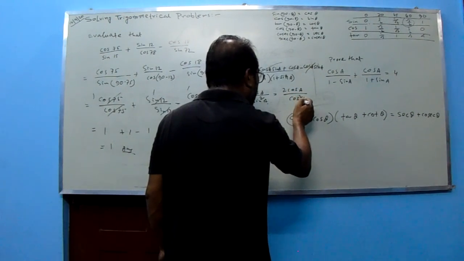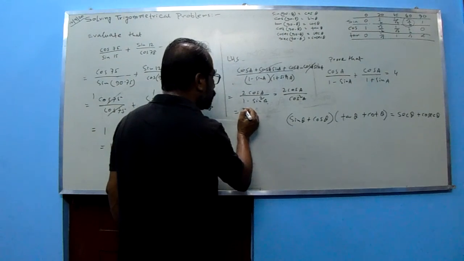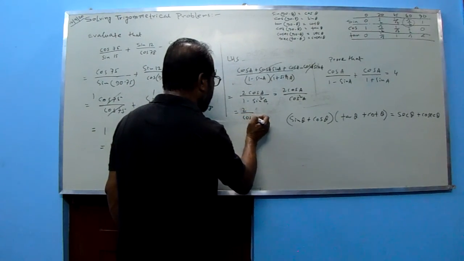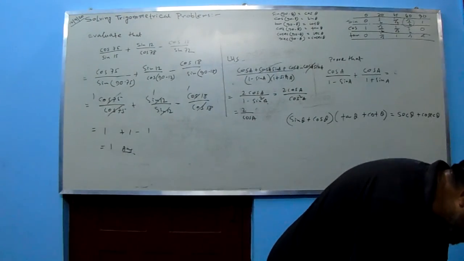So 2 cos A by cos square A. So it is coming as 2 by cos A. It cannot be 4, I may have probably written it wrong.